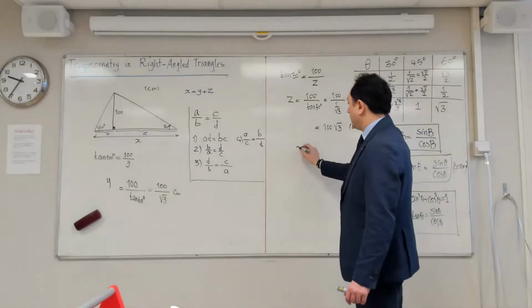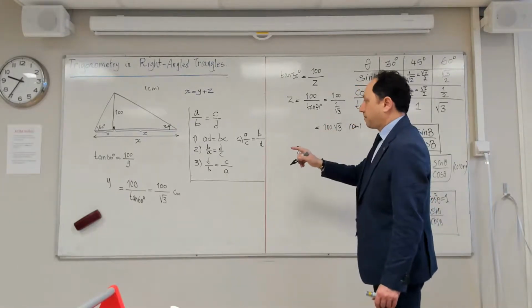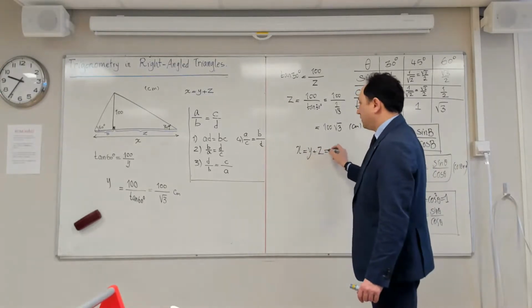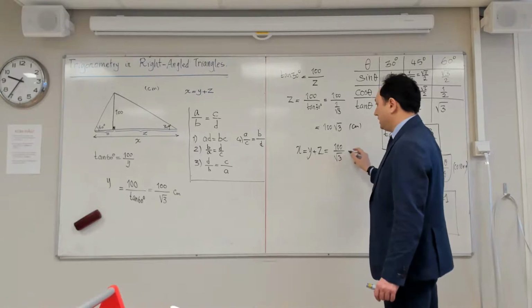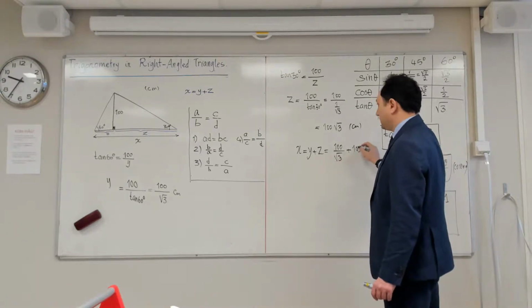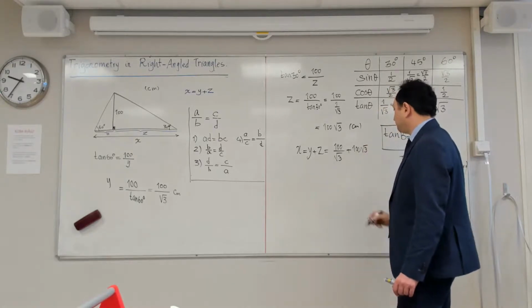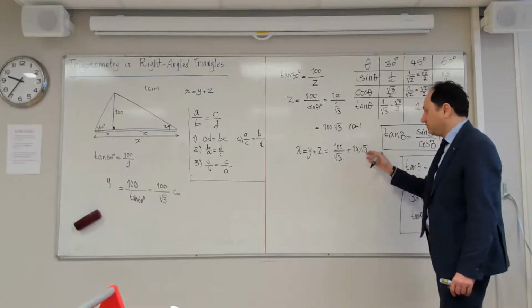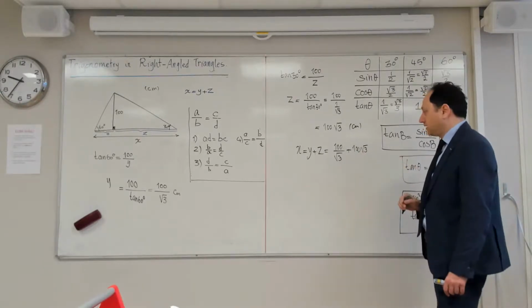And then if I want to calculate x, x becomes equal to y plus z, but y is equal to 100 over square root of 3 plus 100 times the square root of 3. In principle, you can stop here, but let us have some fun with calculating and simplifying this exactly, not using a calculator.